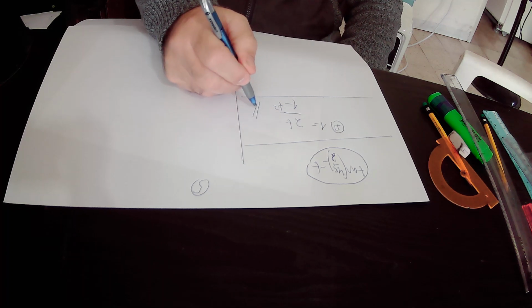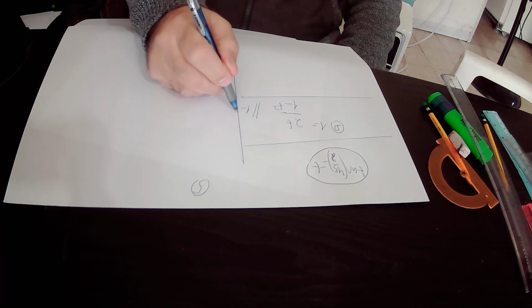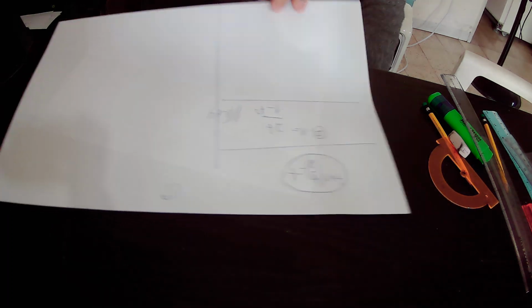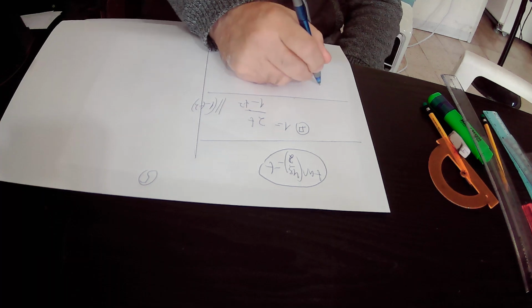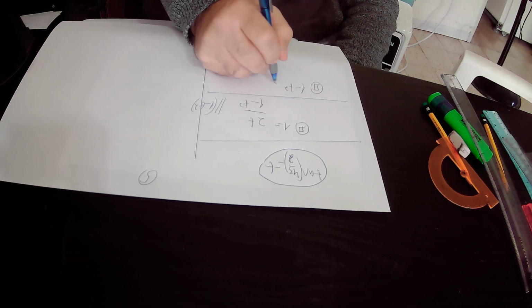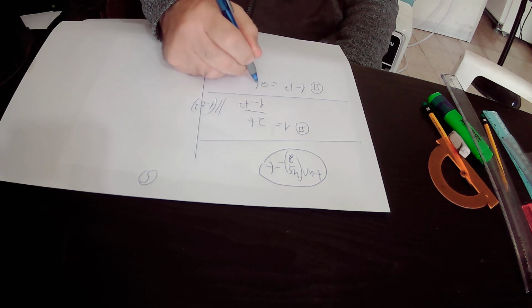Here we will multiply this equation by 1 minus t squared, and we'll get that according to equation number 2, 1 minus t squared equals 2t.